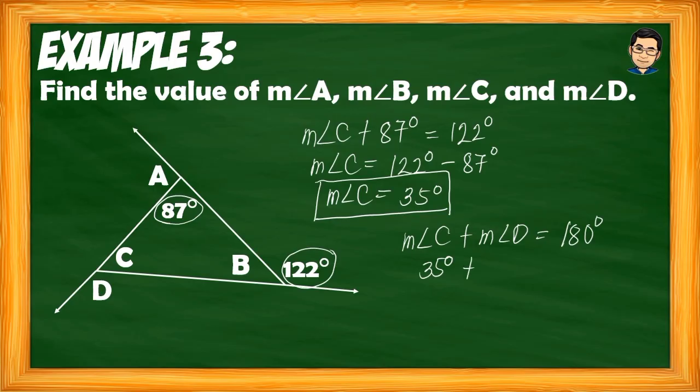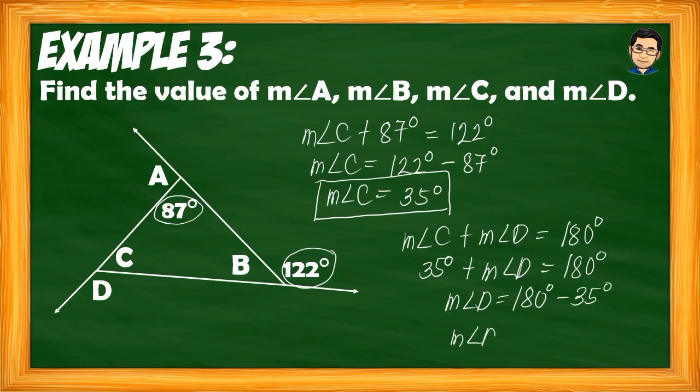And then, measure of angle D is the unknown, then 180 degrees. So, measure of angle D equals, we will add negative 35 to both sides. So, magiging 180 minus 35 degrees. So, the measure of angle D is equal to 145 degrees.